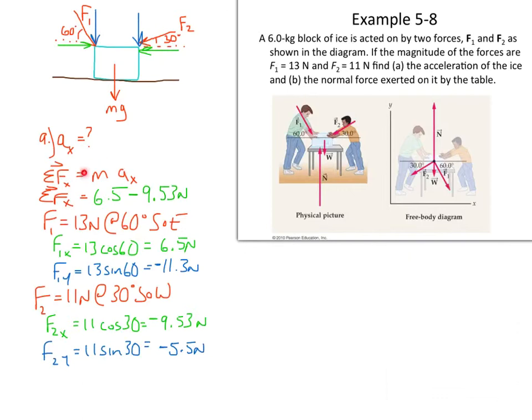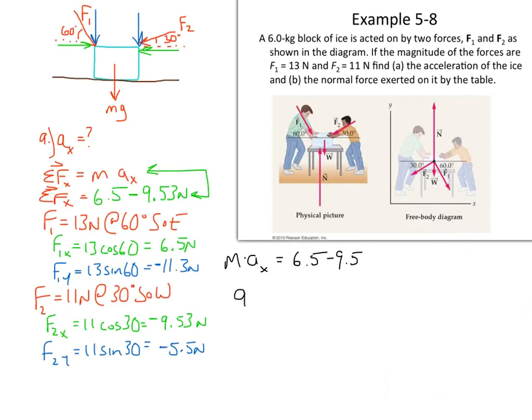All right. Mass times acceleration equals these two forces added up together right here. We should be able to solve for the acceleration right now. Both of these statements about the net force are equal to each other. So I'm going to come down below. I'm going to write this in black. We can say mass times acceleration in the x direction is going to be equal to 6.5 minus 9.5 newtons.